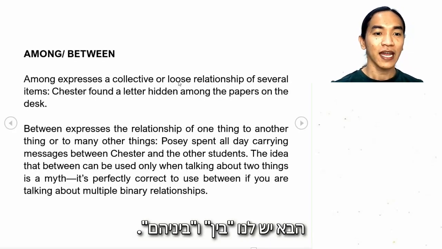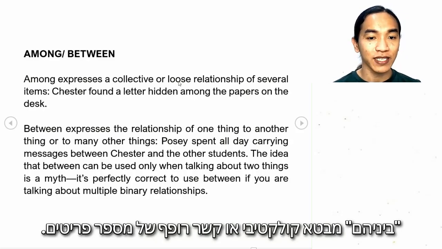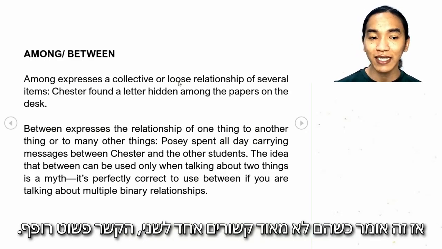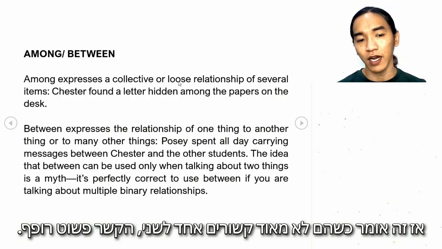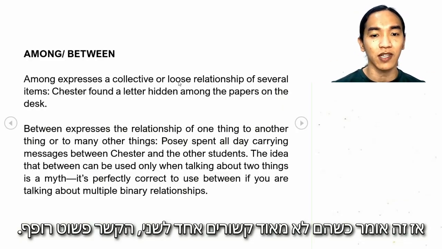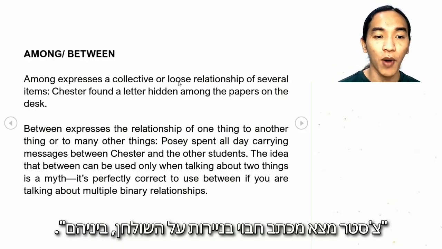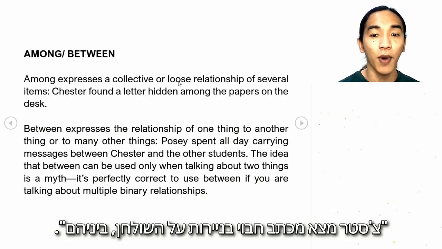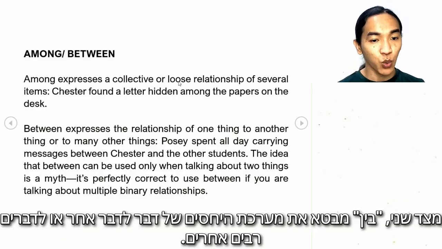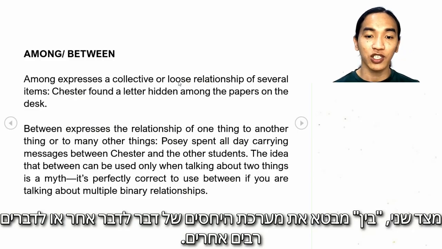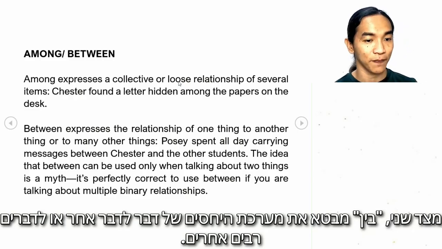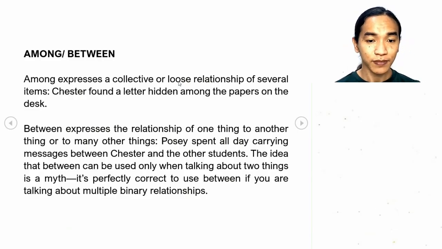All right. Next one, we have among and between. Among expresses a collective or loose relationship of several items. So it means when they are not very related to each other, the relationship is just loose. Okay, so we just use among. Okay, Chester found a letter hidden among the papers on the desk. Okay, on the other hand, between expresses the relationship of one thing to another thing or to many other things.